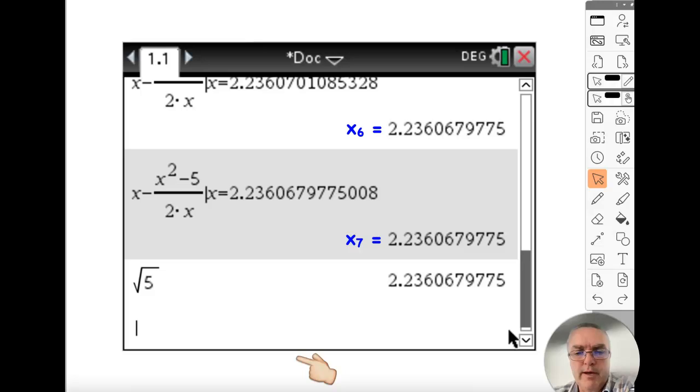And so comparing our seventh estimate with the actual square root of 5 when we find an approximation using the calculator to 10 decimal places, it's exactly the same value. So we've used Newton's method to solve x squared minus 5 equals 0, and in turn that has given us an approximation for the square root of 5.